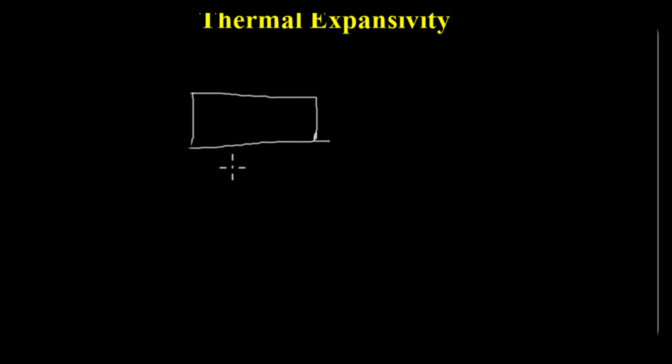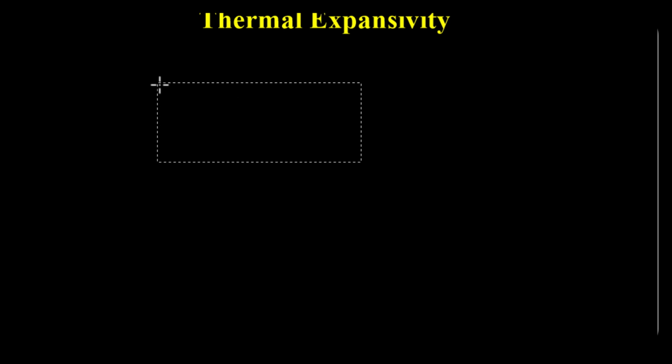Think of it as a 2D shape. Now, one thing we should note about solid expansion is that it is uniform on all sides. That is, if the length is increasing by a factor of 2, the breadth should also increase by that same factor. I guess we can look at it in this way for it to make sense.